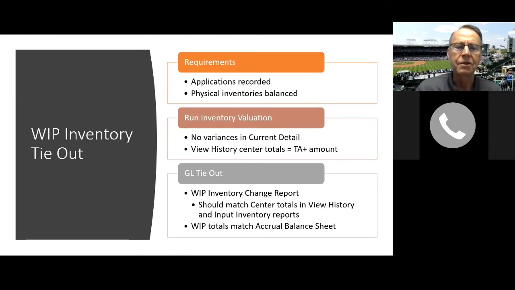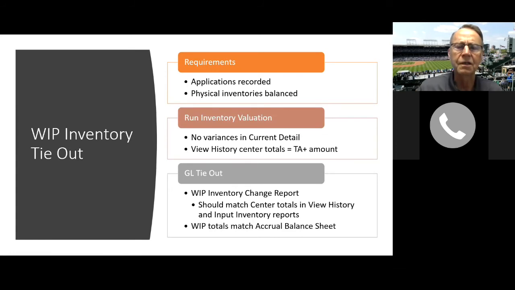Now, on a monthly basis, remember we have to tie out inventories monthly. This is what you have to have, and we have a detailed checklist we can go over in another presentation. But requirements in order to close a month: applications have to be recorded.